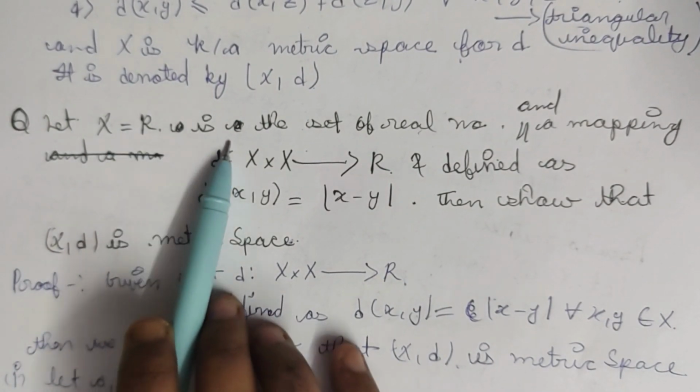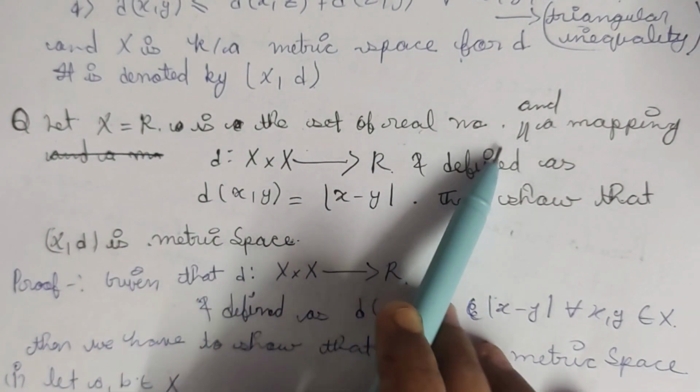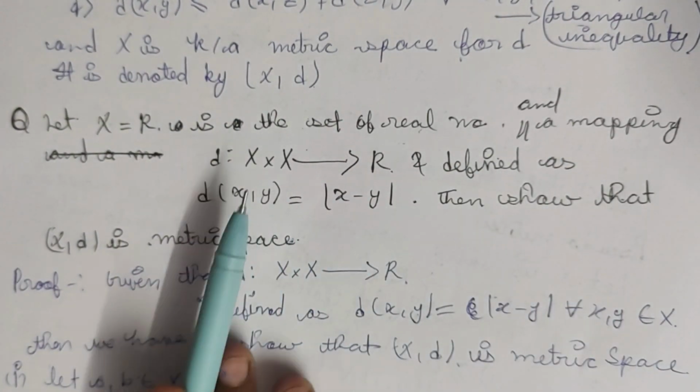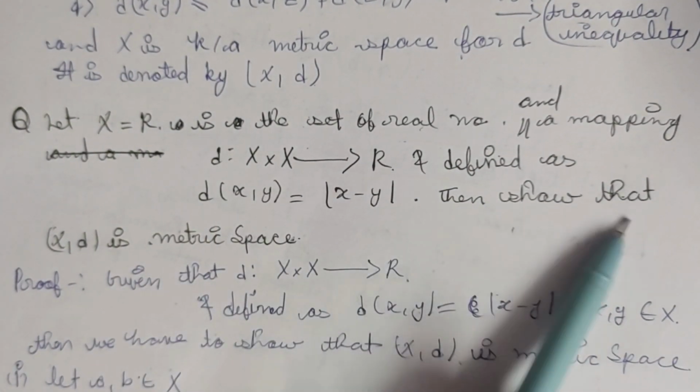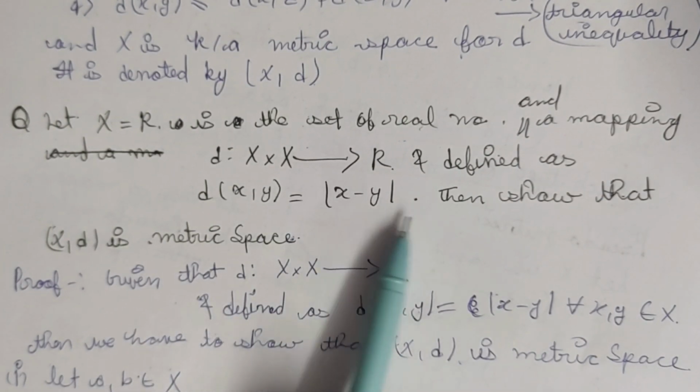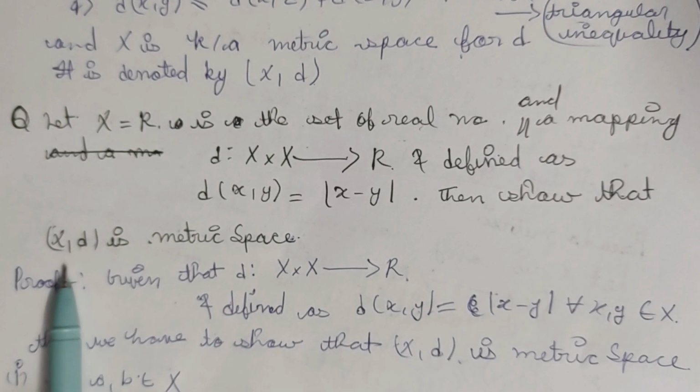Let X equal R, the set of real numbers, and a mapping defined by d(x,y) equals the modulus of x minus y. Show that (X, d) is a metric space.